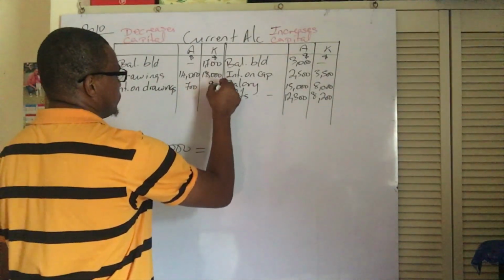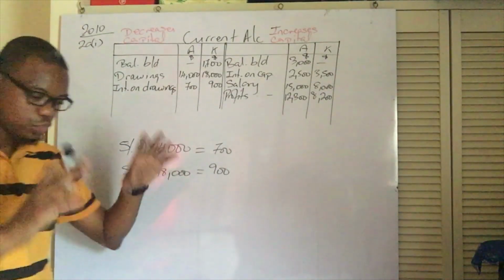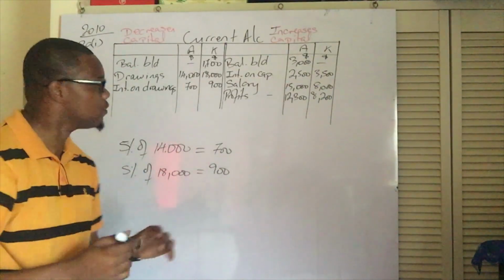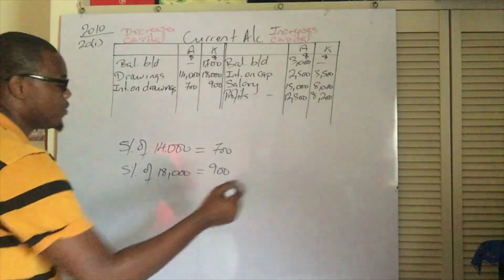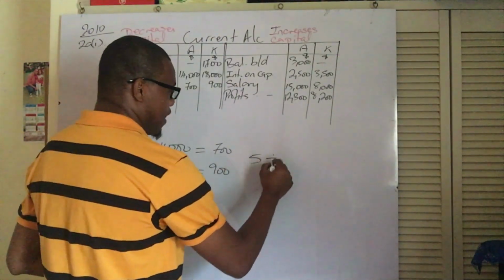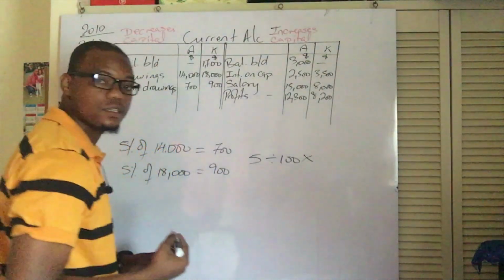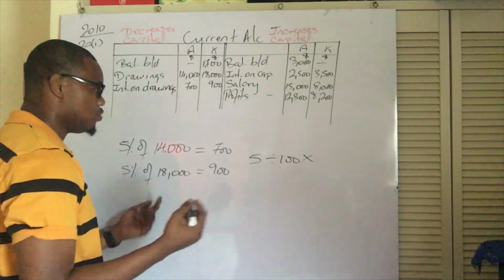Now, for those persons who may not know, even though you should know, because tomorrow is the exam, if you don't know how to calculate a percentage, when you type it in a calculator, it's going to be 5 divided by 100 multiplied by whatever figure you're using.